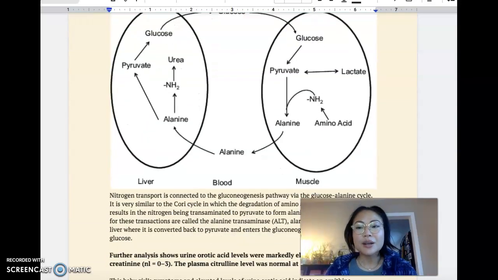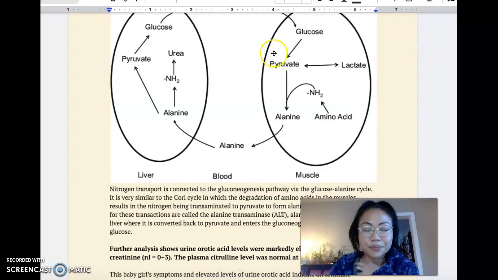So there is some connection between nitrogen transport and the gluconeogenesis pathway via the glucose-alanine cycle. It's actually very similar to the Cori cycle, in which the degradation of amino acids in the muscles is where this starts, resulting in nitrogen being transaminated to pyruvate to form alanine.